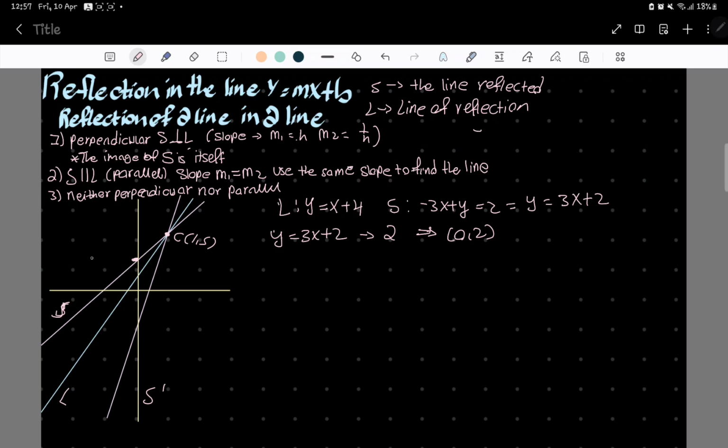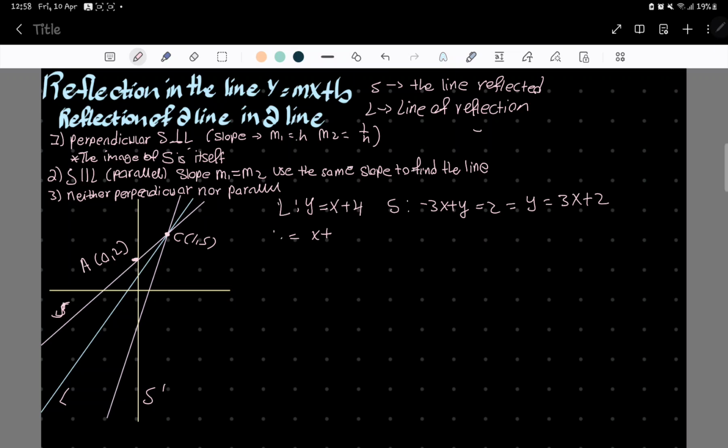So here we have 0, 2. Now we need to find the reflection of this point. Let's call this A.